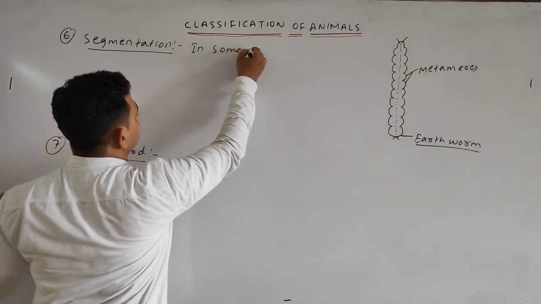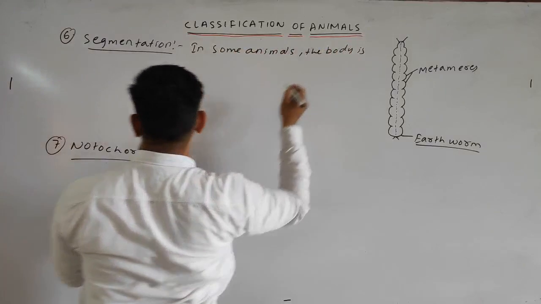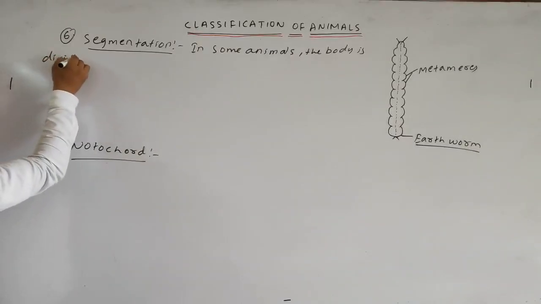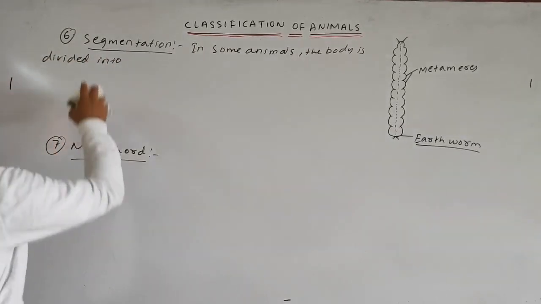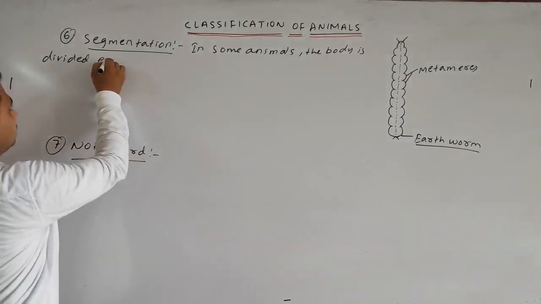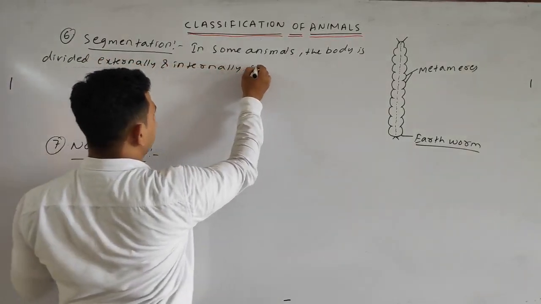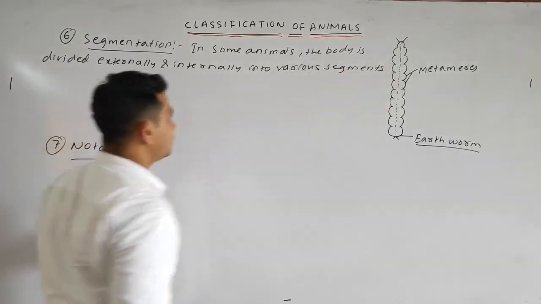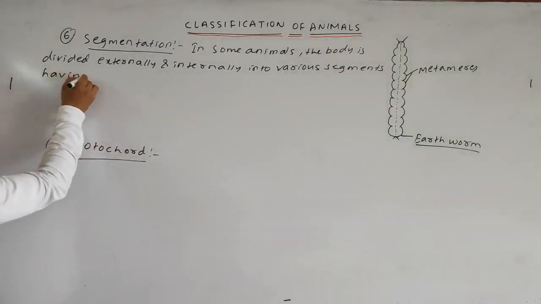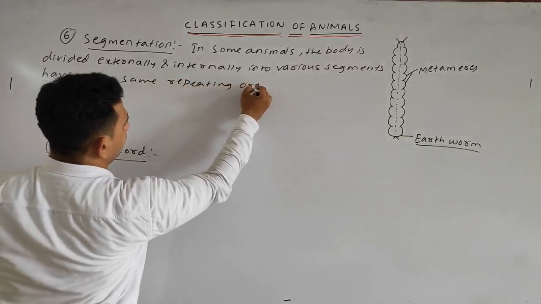So we can write: in some animals the body is divided externally and internally into various segments having the same repeating organs.